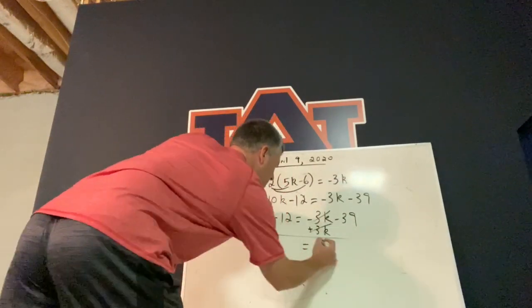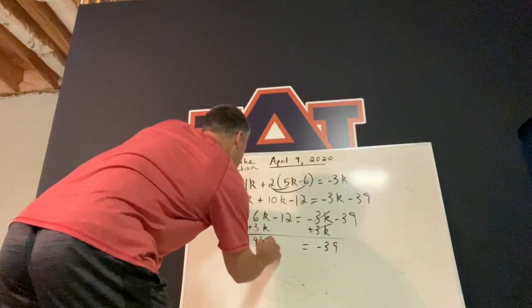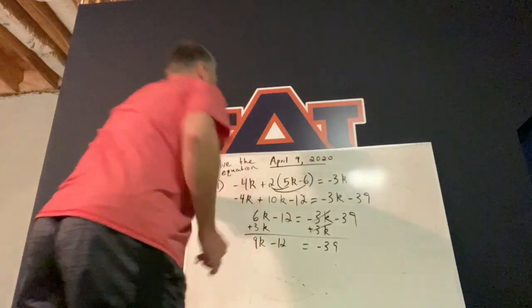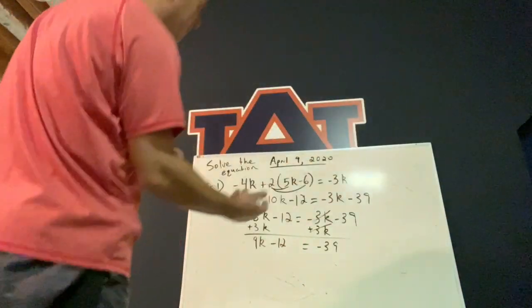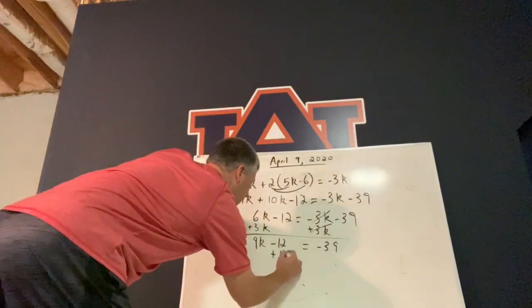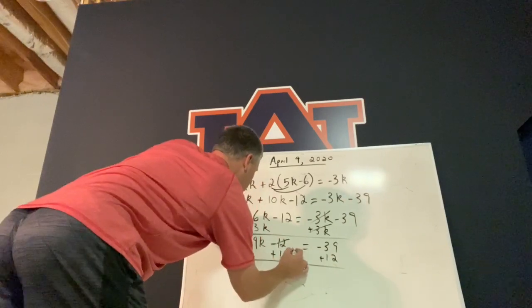Gone. Adios. Negative 3k, we drop it. Gives me 9k over here minus 12. Okay? Now we're going to add 12 to both sides, get our numbers on the same side, right? So add 12. Okay? Gone.